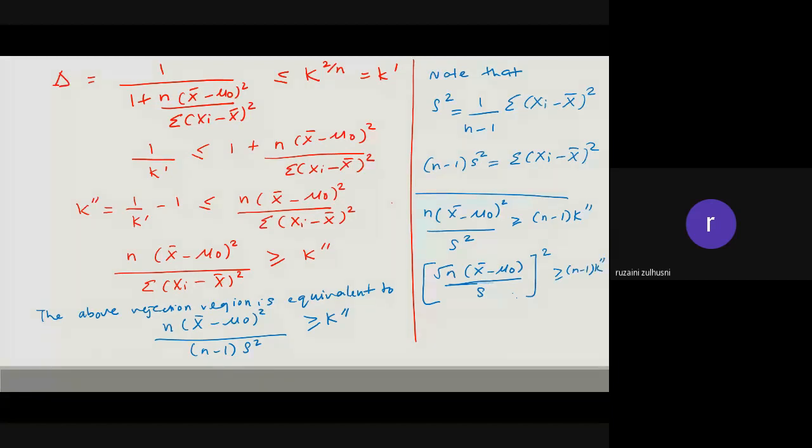I just write down square root n x bar minus mu naught over s, square the value, greater or equal to n minus 1 K prime. Again, you have square root n x bar minus mu naught over s, square, greater or equal to n minus 1 K double prime.